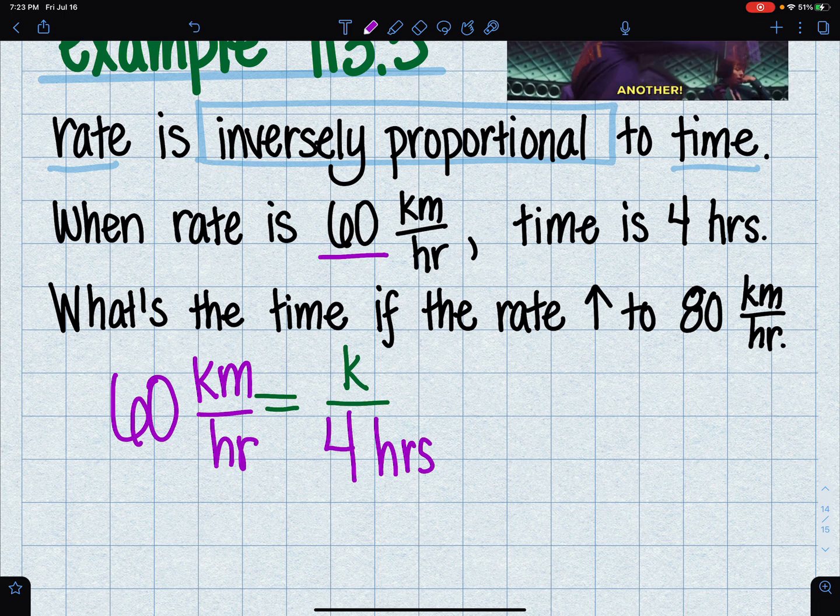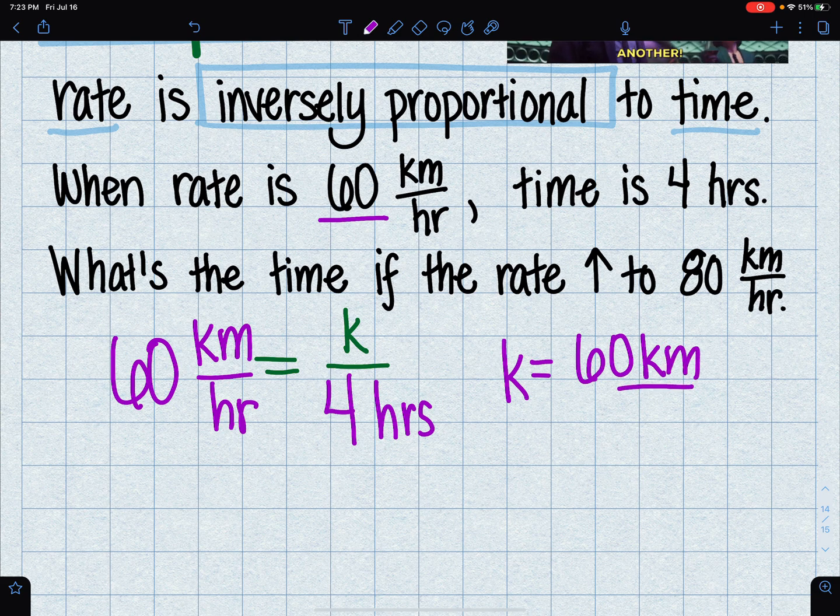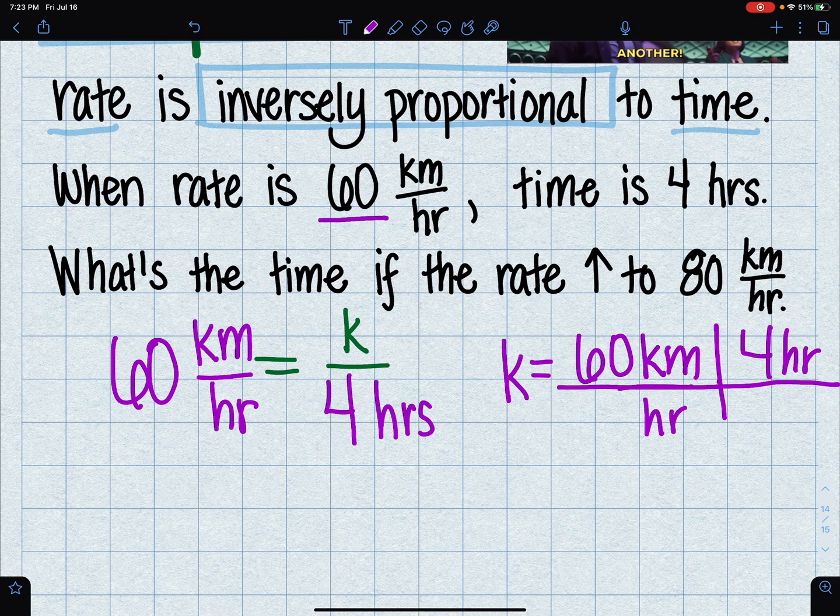Okay, so here we're solving for K. So K is going to be equal to 60 kilometers per hour times 4 hours. I like to do it like this. That way I see it easily. The hours cancel. The kilometers stay put, so that's going to be your unit, and it's going to be 60 times 4, which is equal to 240.